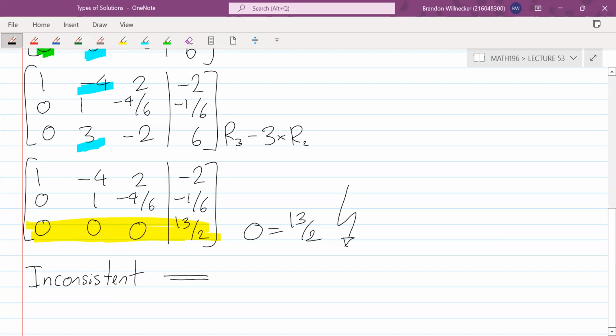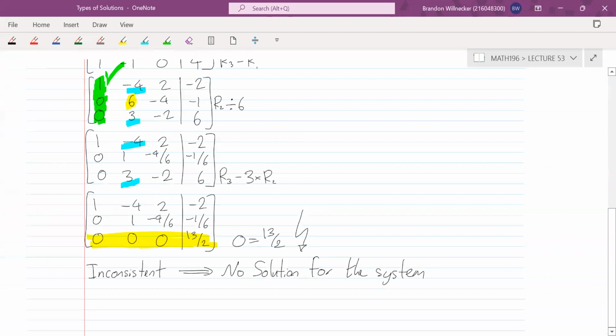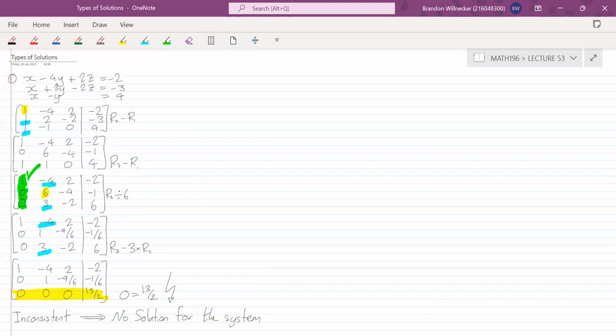Okay, so there is no solution. So there's all the working there. We arrive at a contradiction, which means the system is an inconsistent system, and so we don't get any solution for this.